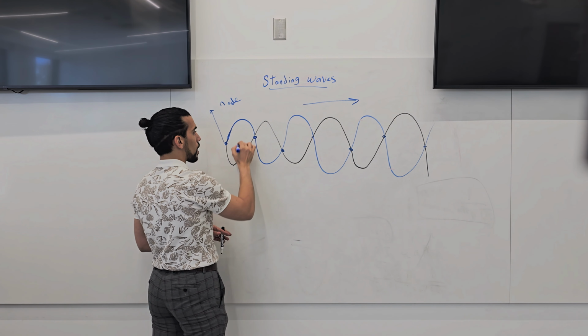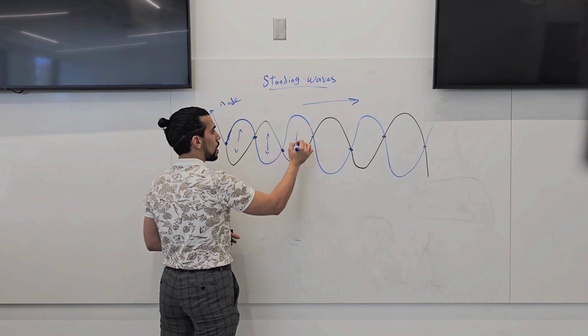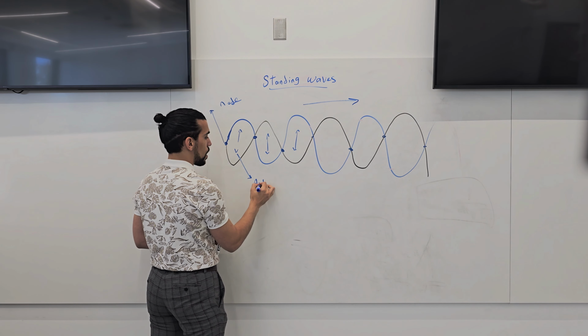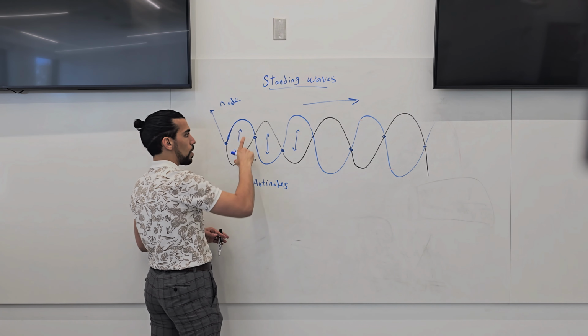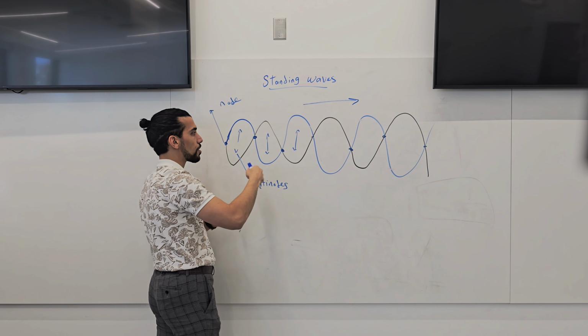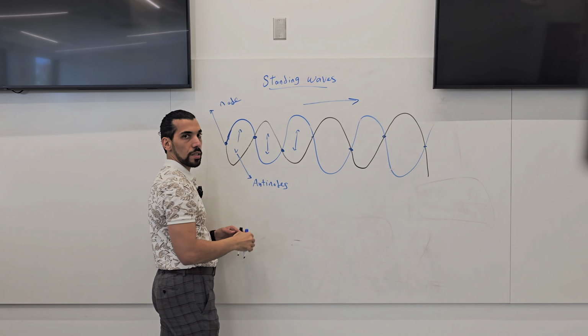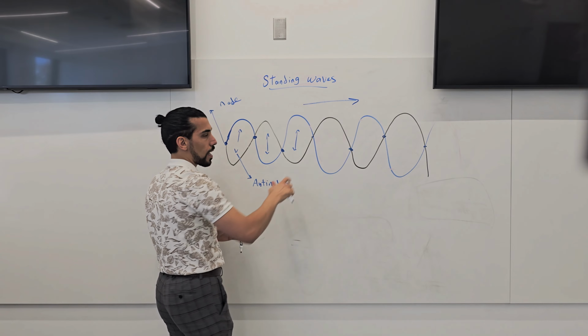And this big amplitude, we call antinodes. So antinodes are points of constructive interference, and these nodes are basically destructive interference, and they kind of destroy one another. So this would be a standing wave.